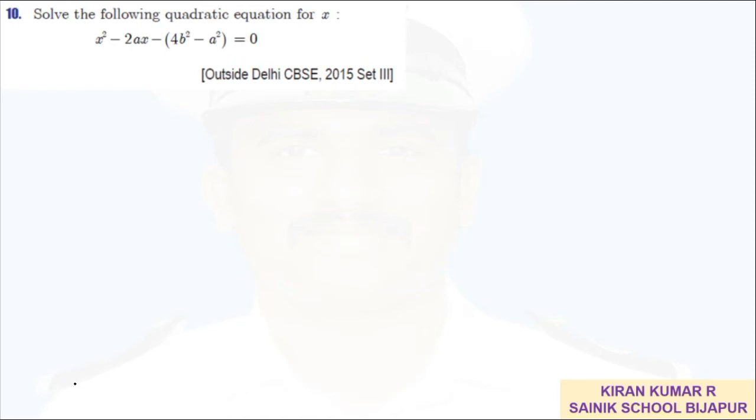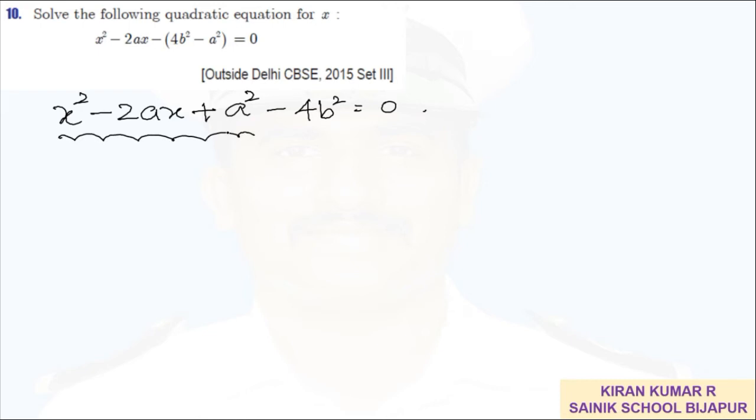This 10th question is similar to the question number 9. We have to rewrite the given equation as this, minus of minus becomes plus a square minus 4b square equal to 0. Make the combination of this. It will be x minus a whole square minus 2b whole square equal to 0.